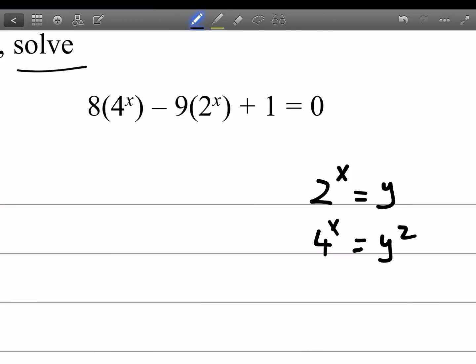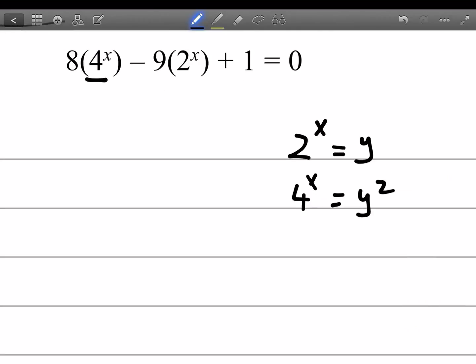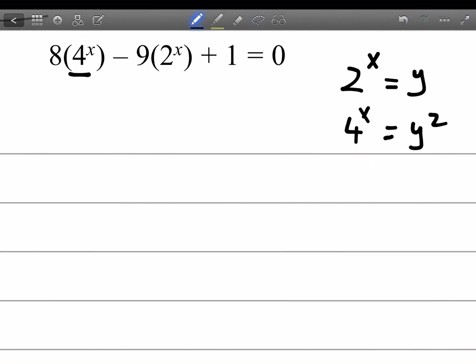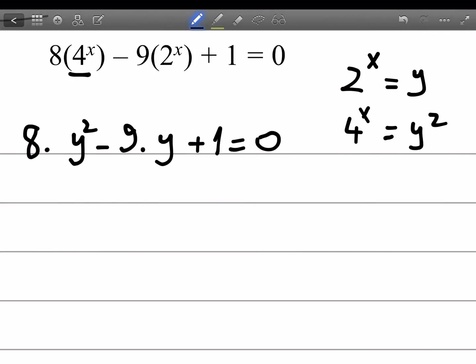Let's put it into the equation. It will be 8 times y squared minus 9 times y plus 1 is equal to 0.